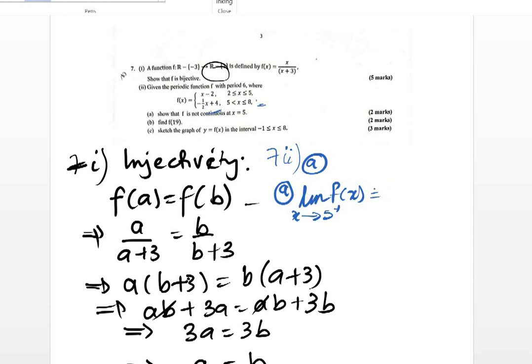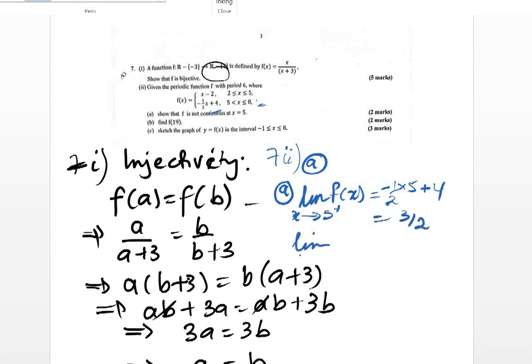It means you substitute there, so f is negative half times (5 plus 4), which is negative 5 over 2 plus 4. That's negative 2.5 plus 4, which is 3 over 2.